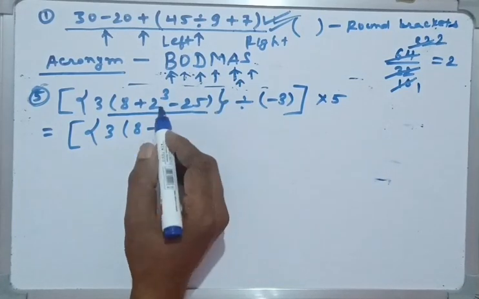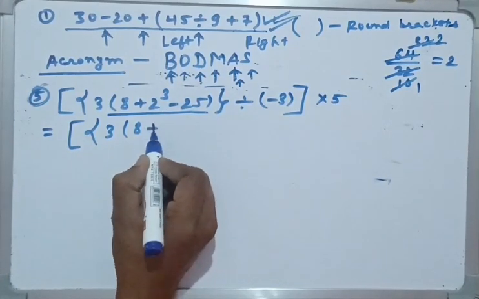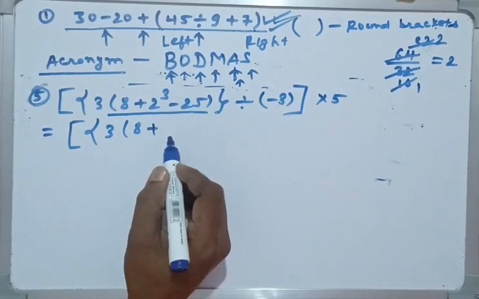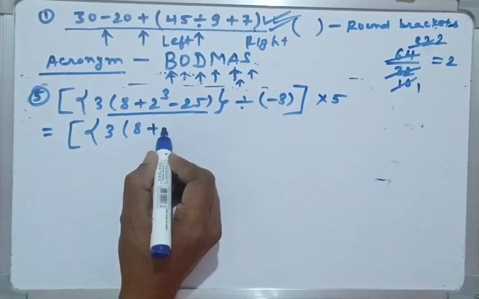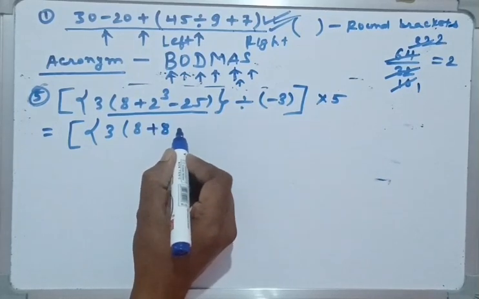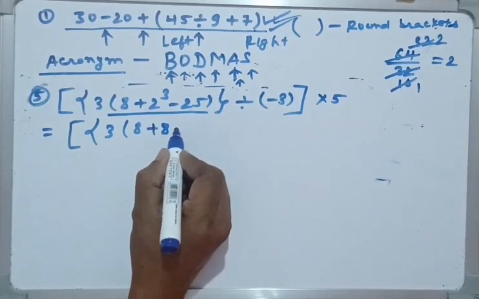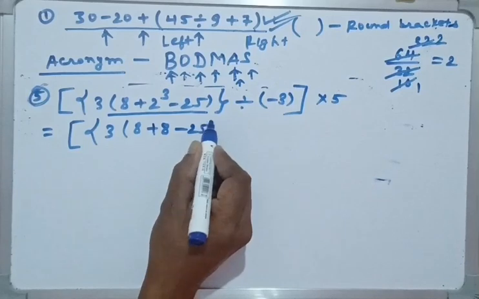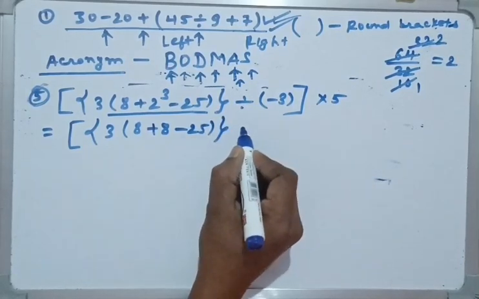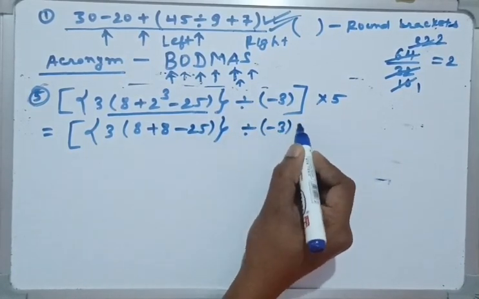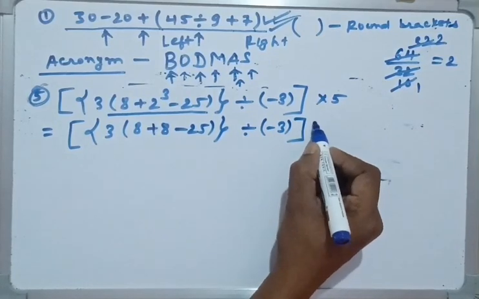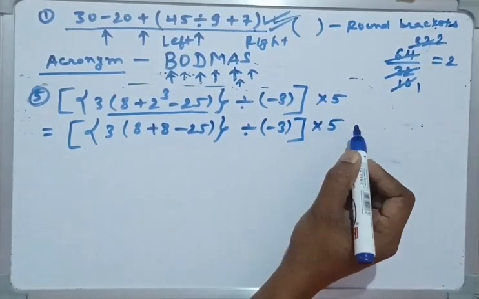So you can solve this one: 2 to the power of 3 equals 8. So we can write it like this, and now this is closed, divide minus 3, then the square bracket closes, multiply by 5.